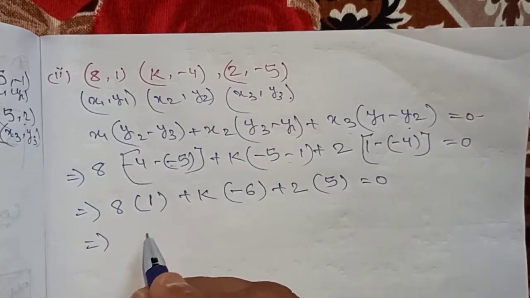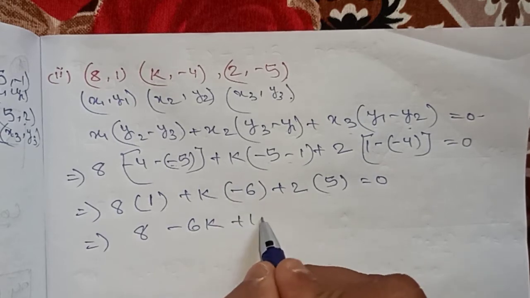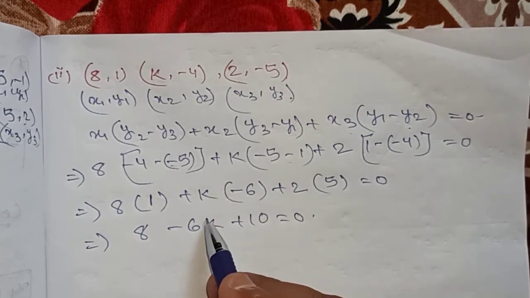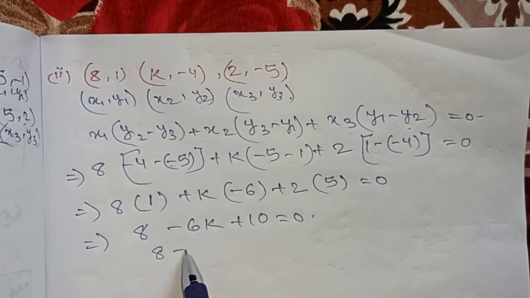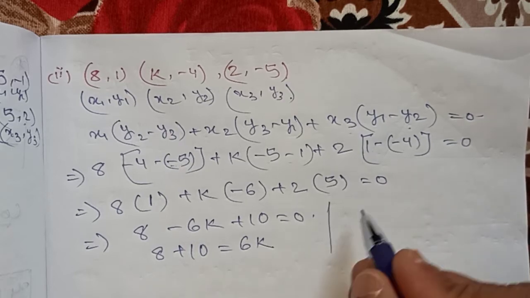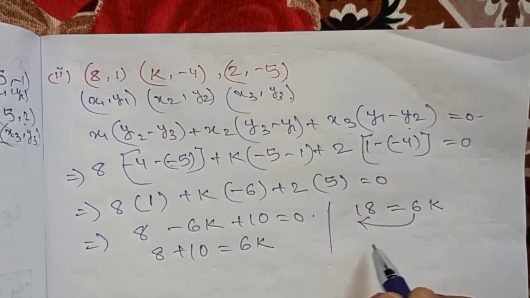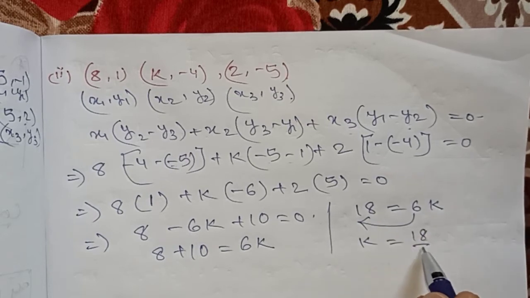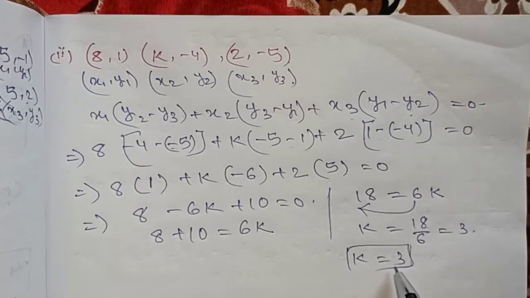Now multiply, 8 ones are 8 minus 6k, 2 5s are 10 equals to 0. Bring minus 6k this side because this is in negative sign. So 8 plus 10 equals to 6k. We will get 8 plus 10 is 18 equals to 6k. Divide by 6 here. K equals to 18 by 6 equals to 3. So the value of k we got is 3.